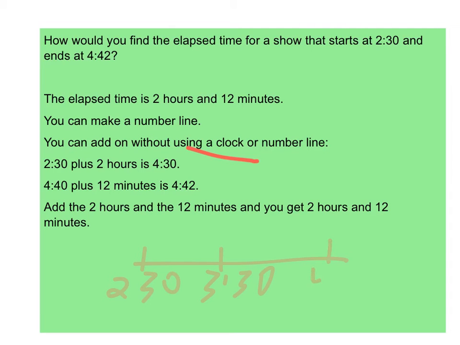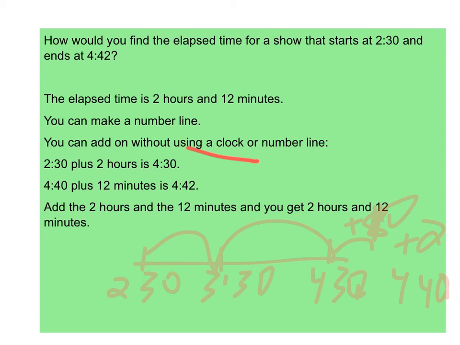You could put an hour later, 4:30. And then you could have your 4:42. So you'd have 2 full jumps of an hour. And then you would add up another 8 minutes to get to 42. You'd add another 10 and 2.